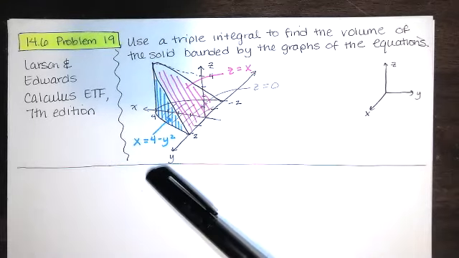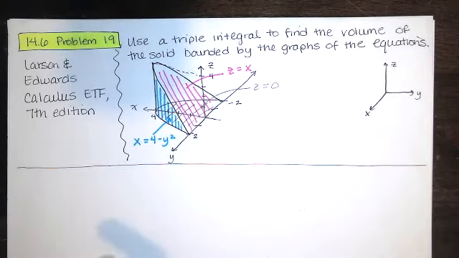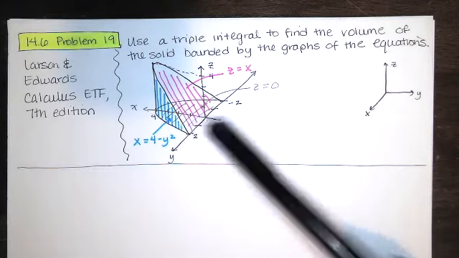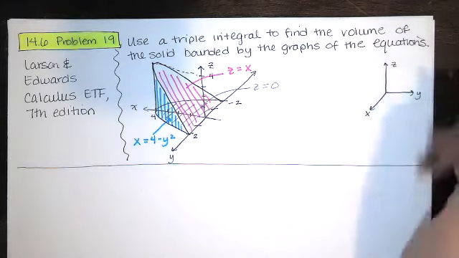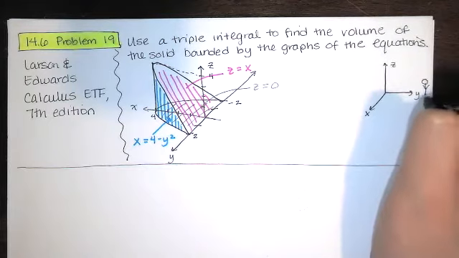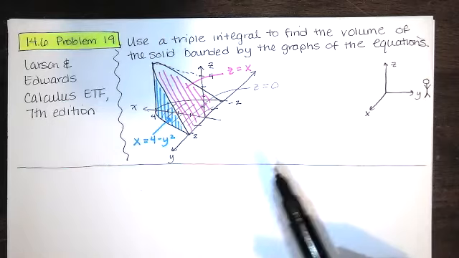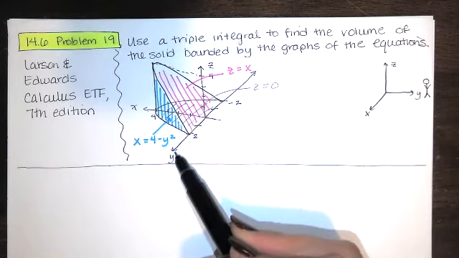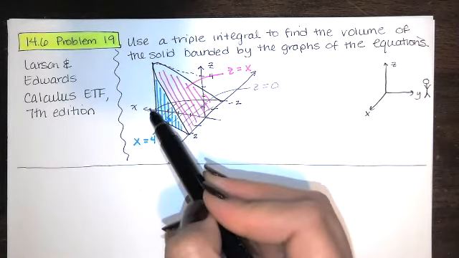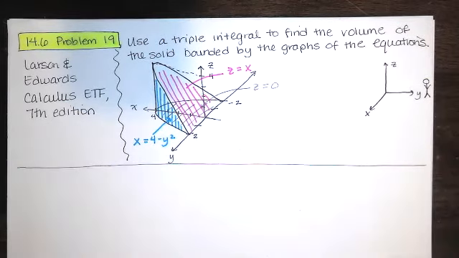Now this is still a right-handed coordinate system, but we're looking at it from a different perspective. It's kind of like we're standing over here where that positive y-axis is, and we're looking at it from this direction. So the y-axis is coming out at us, the x-axis is going off to the left, and the z-axis is coming up.